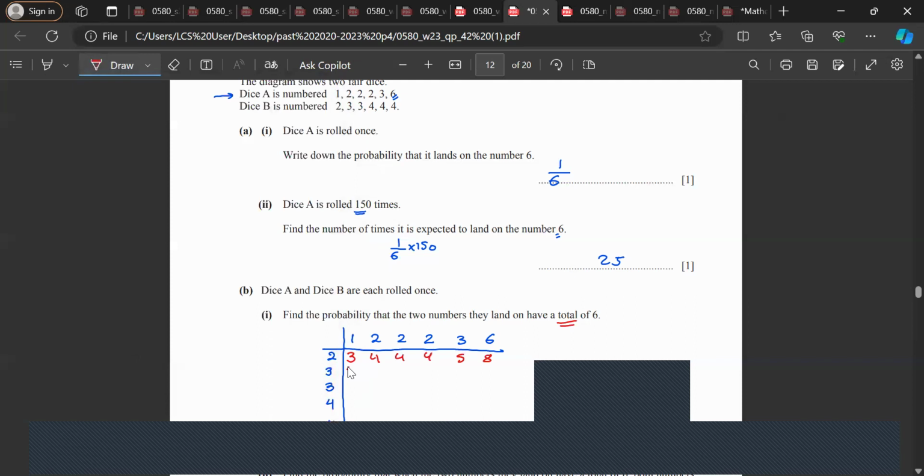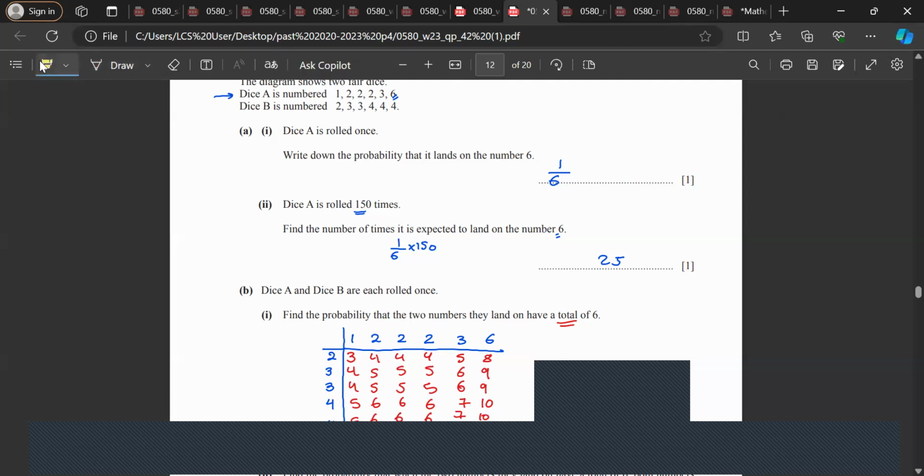Then 4, 5, 5, 5, 6, 9. Then 4, 5, 5, 5, 6, 9. And now 5, 6, 6, 6, 7, 10, then 5, 5, 6, 6, 7. Any problem in adding like this?